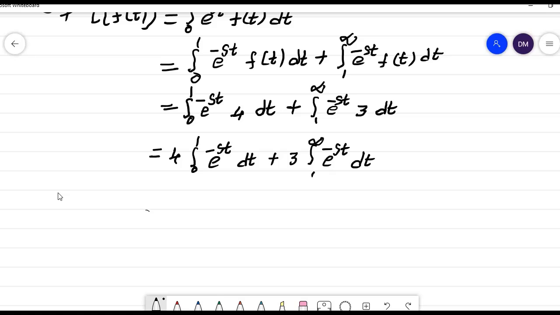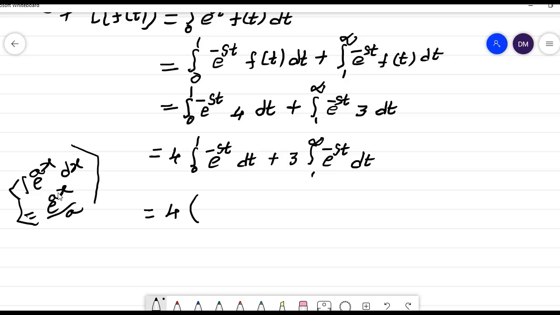Now, what is the integration of e power minus st? We know the formula: integral e power ax dx is e power ax by a.